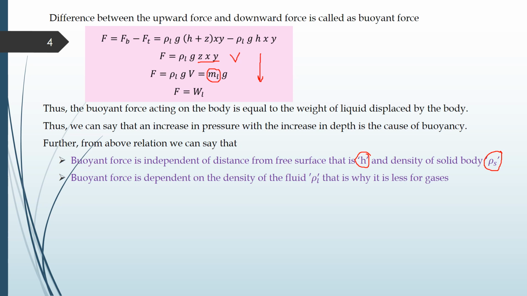Secondly, the buoyant force is dependent upon the density of the fluid, and it is basically less for gases, because gases have less density in comparison to solids. So it is independent of h, independent of ρ_S, but dependent upon ρ_L.